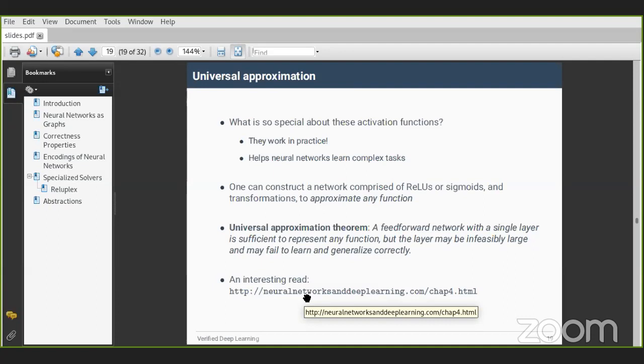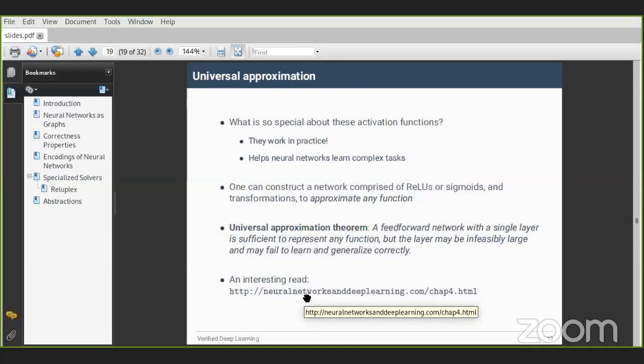What this essentially says intuitively is that you can construct a network comprised of these ReLUs or sigmoids, and such affine transformations, where you are multiplying inputs by constants and adding constants to them. You can do this to approximate any function, no matter what function you want to approximate.